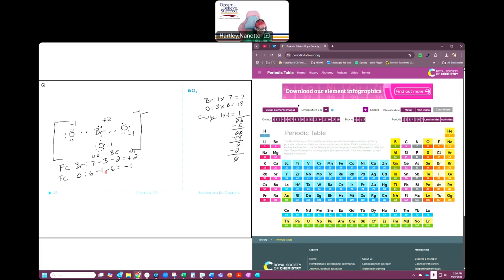Remember, each oxygen has more electrons than it needs because each one has a minus 1 charge. So we can take some of these electrons from these oxygens and say, you know what? I'm not going to be as selfish as I'm being right now. And I'm instead going to take one of these lone pairs and I'm going to make another bond. So I'm going to go like that. And so now I have a double bond with this bromine.